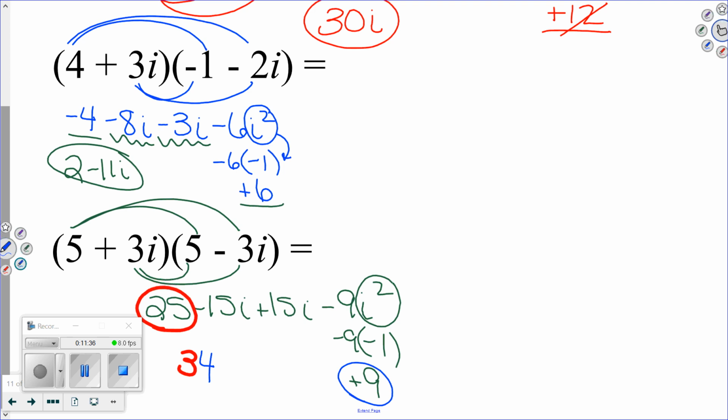And then I have negative 15i and plus 15i. Those are going to cancel. So it is just 34. I saw a couple people did not switch the sign on your 9, so that was your problem.